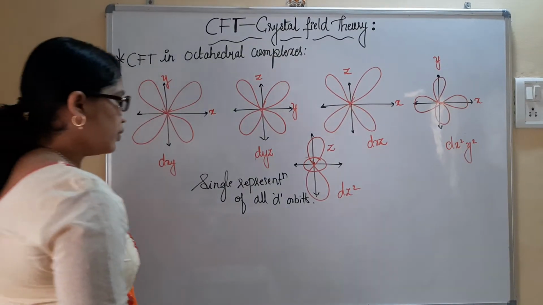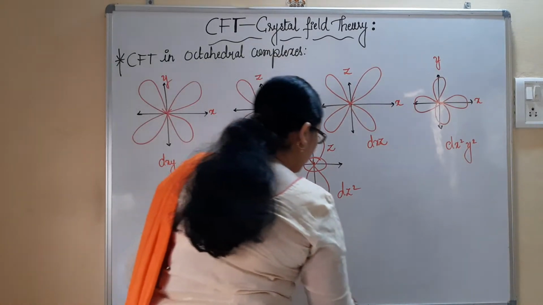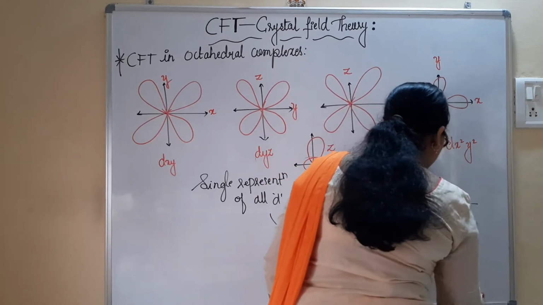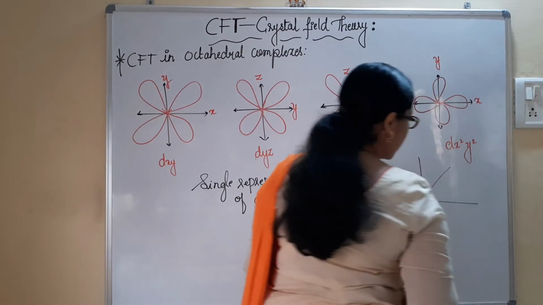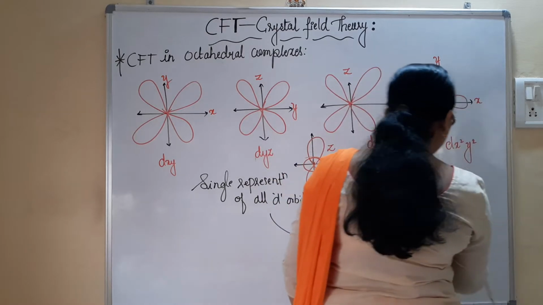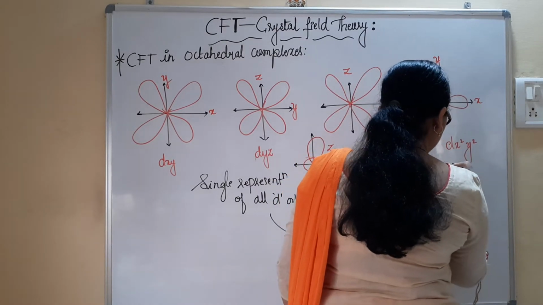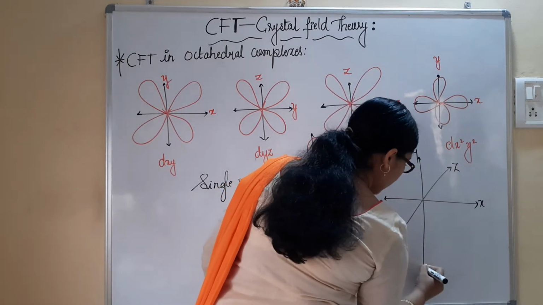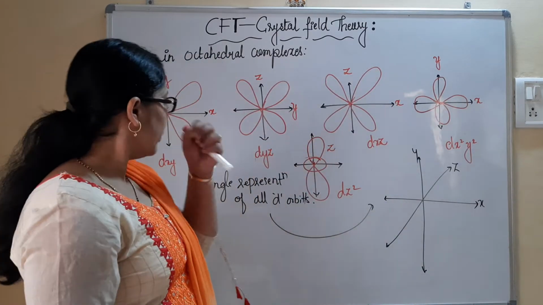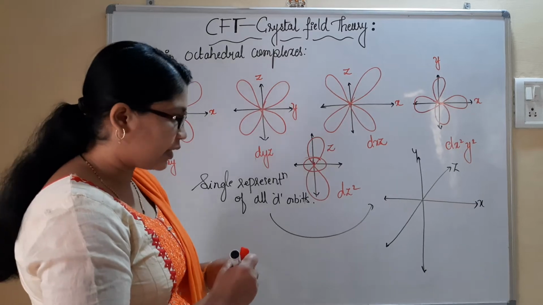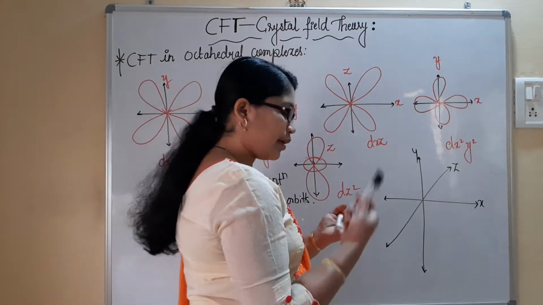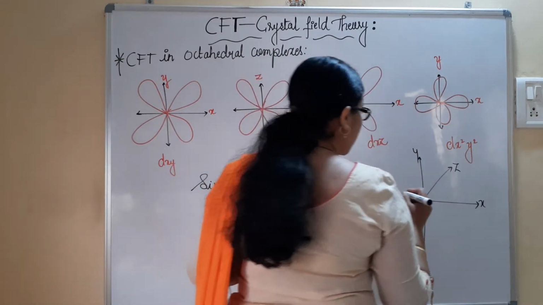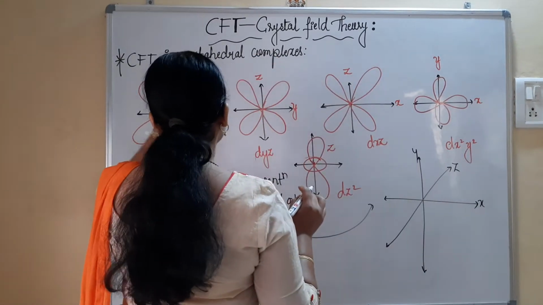Let me show all those things here. I have dxy. I have dyz also. X, y, z. Now let me represent the first orbital in this structure. Let me show it with black only. Here, these orbitals are present in between x and y.